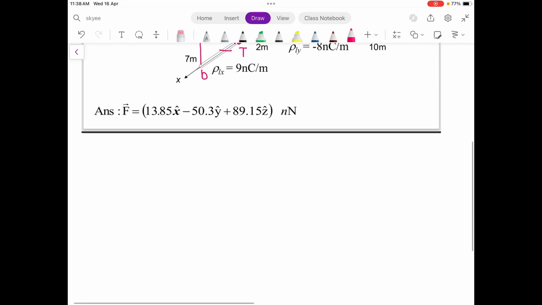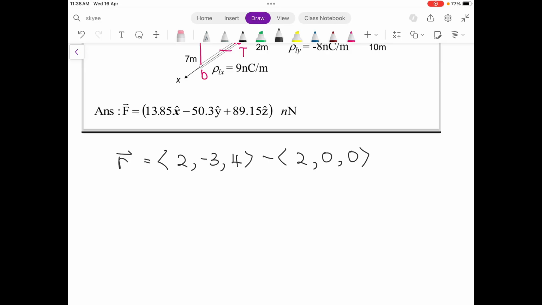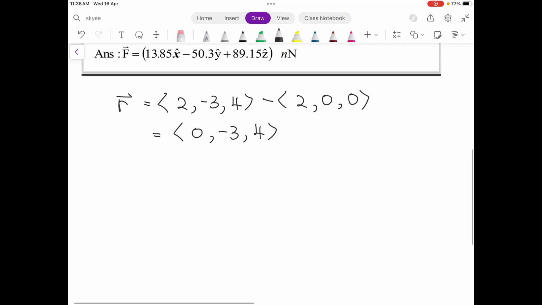The first thing we have to do is calculate the distance vector. This is (2, -3, 4), the observation point, minus (2, 0, 0), the point T. So we get (0, -3, 4) as our distance vector, and from there we calculate the distance: 9 plus 16 is 25, and the square root is 5.